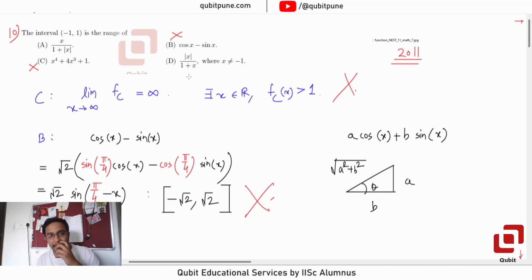How do you think you can decide between A and D? Because they more or less look the same. In option A we have got x upon 1 plus mod x, and in option D we have got mod x upon 1 plus x. Of course x is not equal to minus 1.